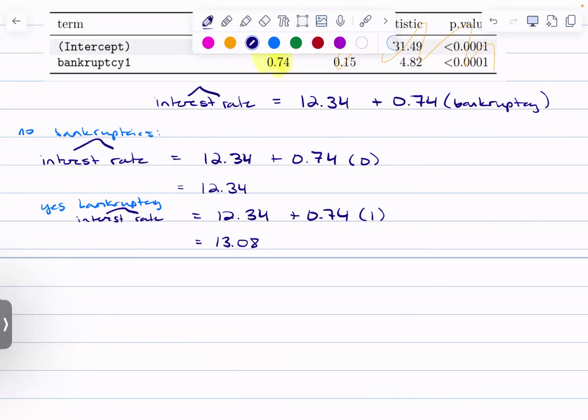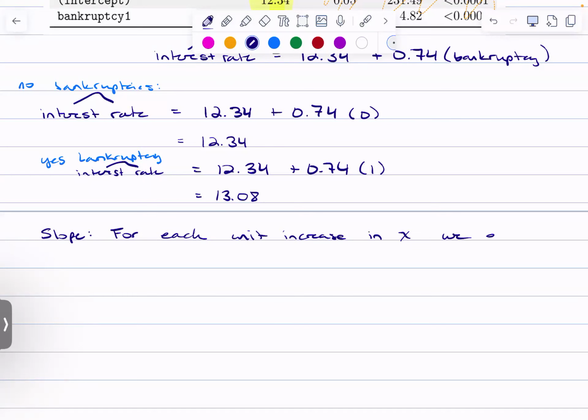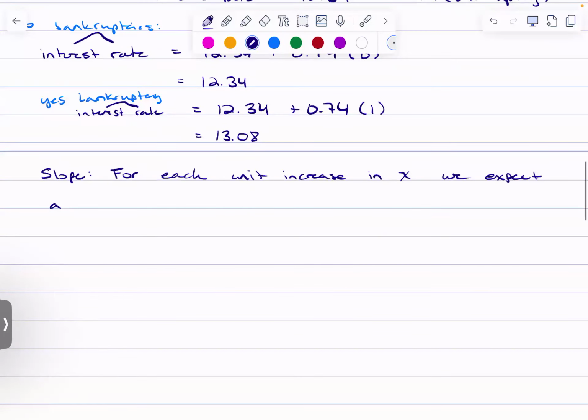The interpretation of the slope from last day was for each unit increase in x, we expect a slope, or B1, increase in the predicted value of y, or shorthand, y hat.